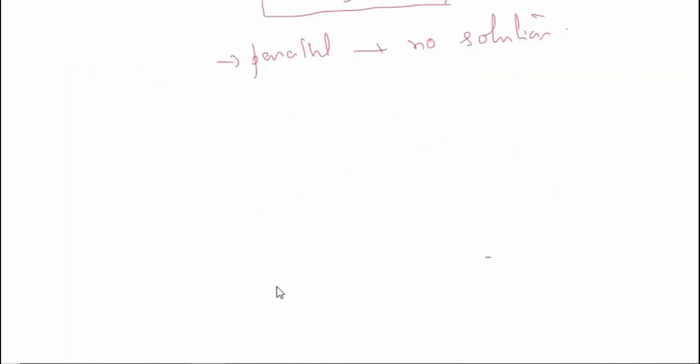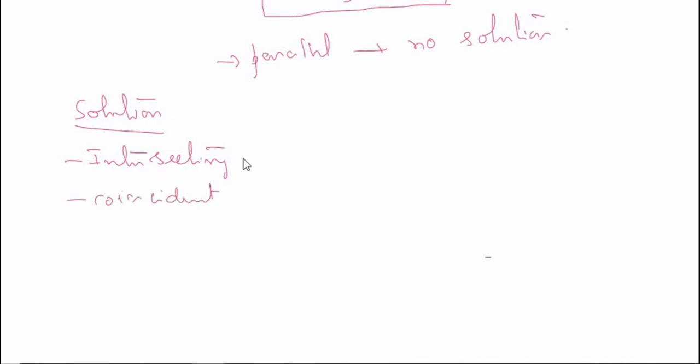So now if a pair of linear equations has a solution, when do they have the solution? The two linear equations have solutions when they are intersecting or coincident. When they are intersecting, you get exactly one solution.